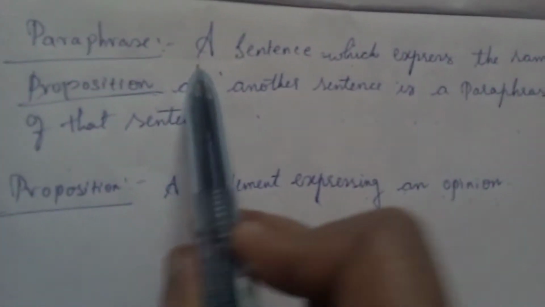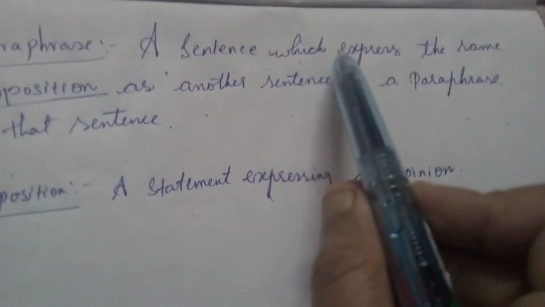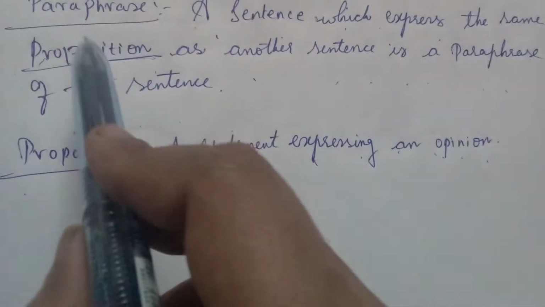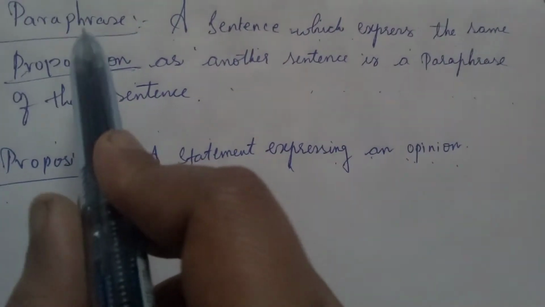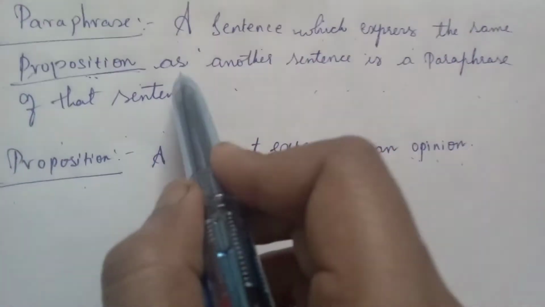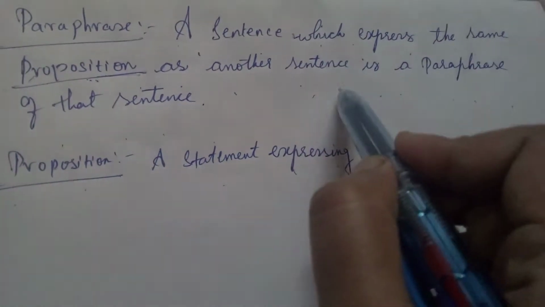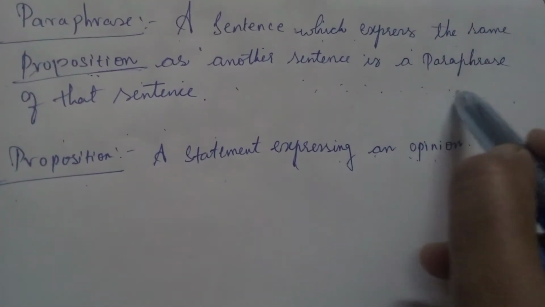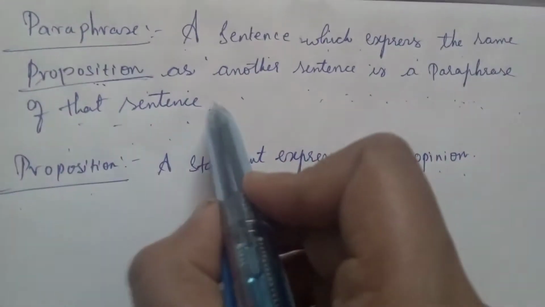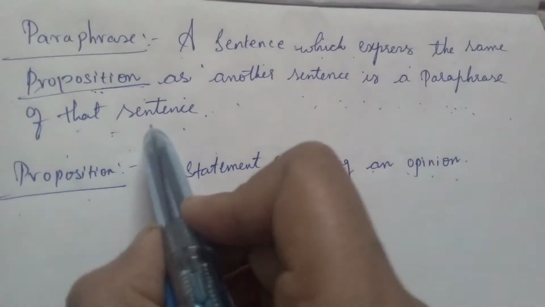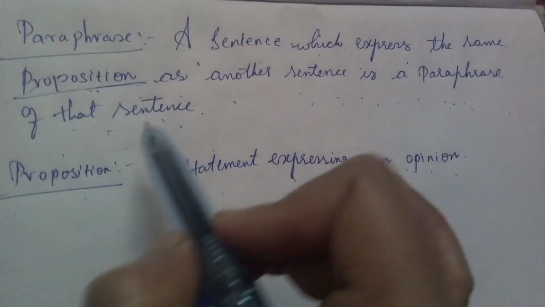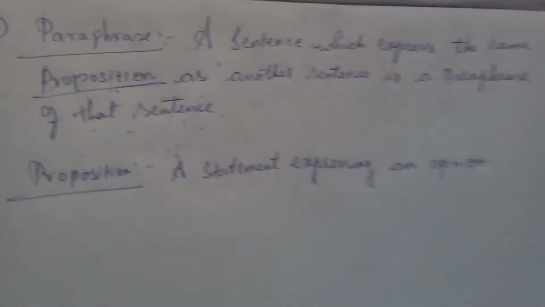Here see, paraphrase. A sentence which expresses the same proposition, means expressing the same opinion as another sentence, is a paraphrase of that sentence, which means we have two sentences but they express the same sense, the same meaning.